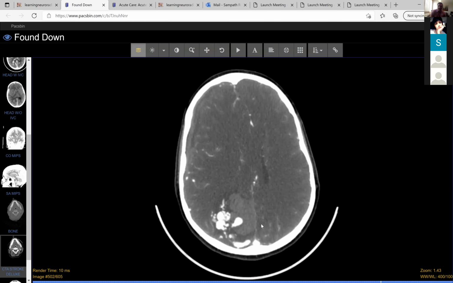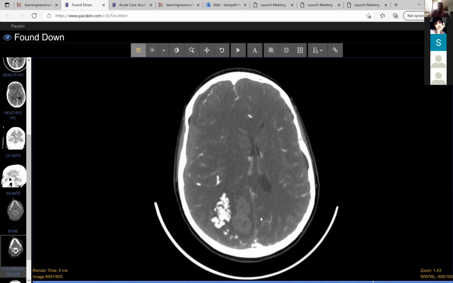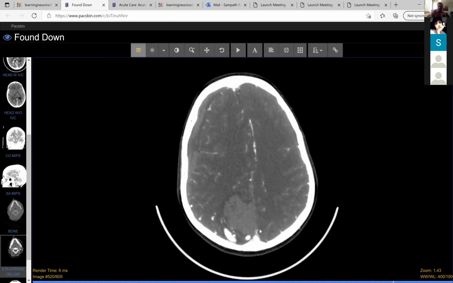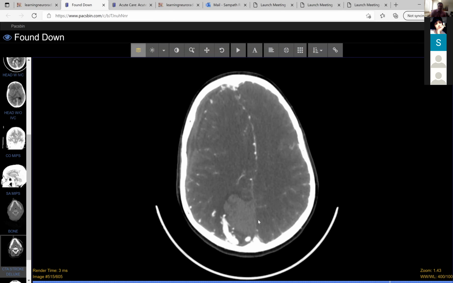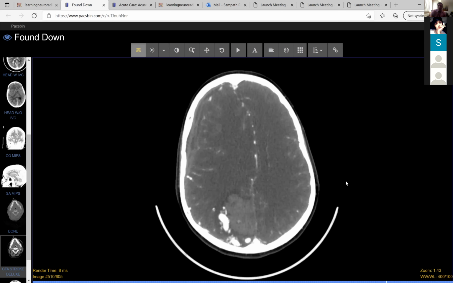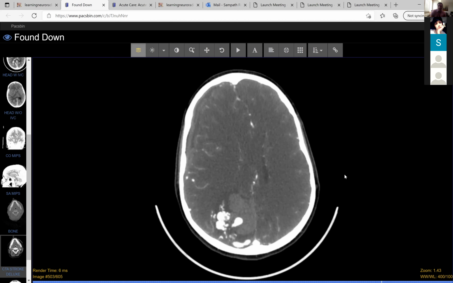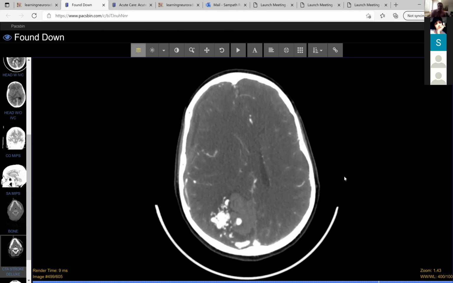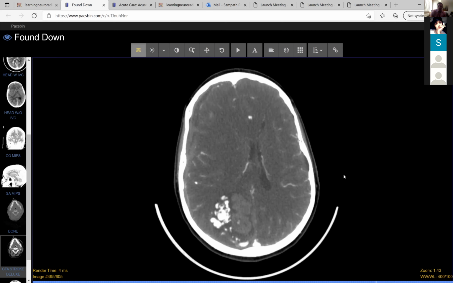Sometimes these are very silent. They can stay quiet for years and years, and then they bleed all of a sudden. Unfortunately for the patient, it depends on the size of the AVM. In this case, this is a very large AVM, so the prognosis is extremely poor. If it's a small AVM and it bleeds, we can treat it quite easily.